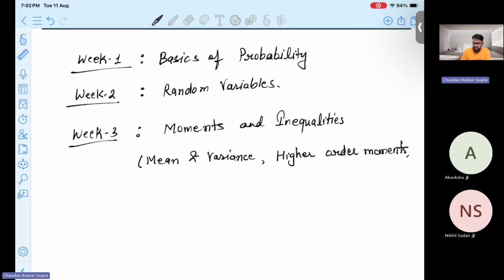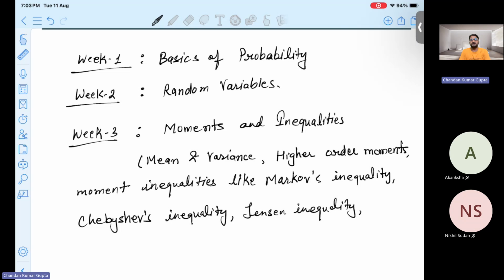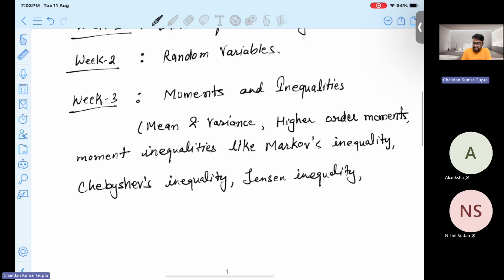Then we will discuss some moment inequalities, like Markov inequality, Chebyshev's inequality, and then Jensen inequality is also there. And we will discuss generating functions as well.